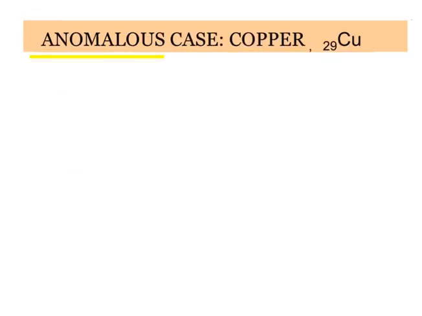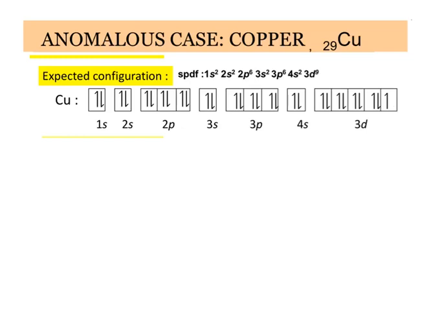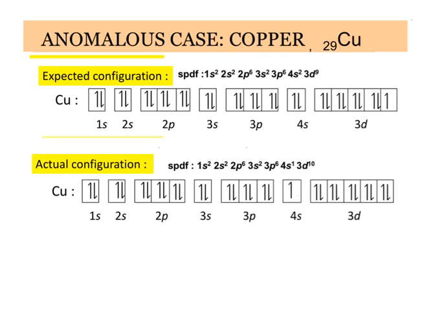Let's study the anomalous case of copper. So this is the expected configuration of copper by applying the Aufbau principle. The 4s orbital is fully filled while the 3d orbital is partially filled. But this is the actual configuration of copper.